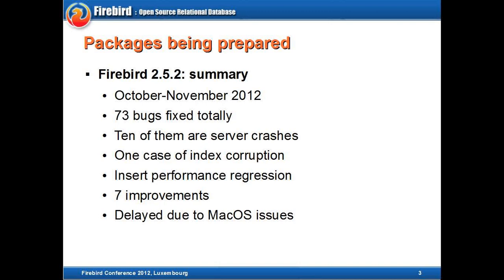And there was one performance regression specifically in Firebird 2.5.1 related to massive inserts into some table, when the performance was actually less than expected and less than the original Firebird 2.5 release. This issue has also been resolved. This point release introduced a few minor improvements in various areas, and I will show them in the next slide.